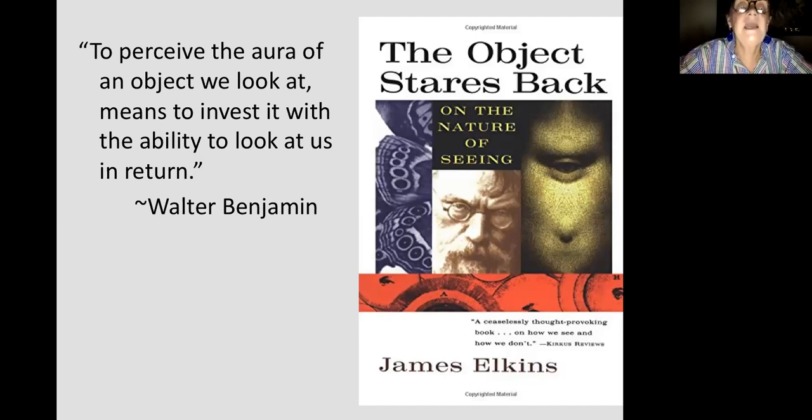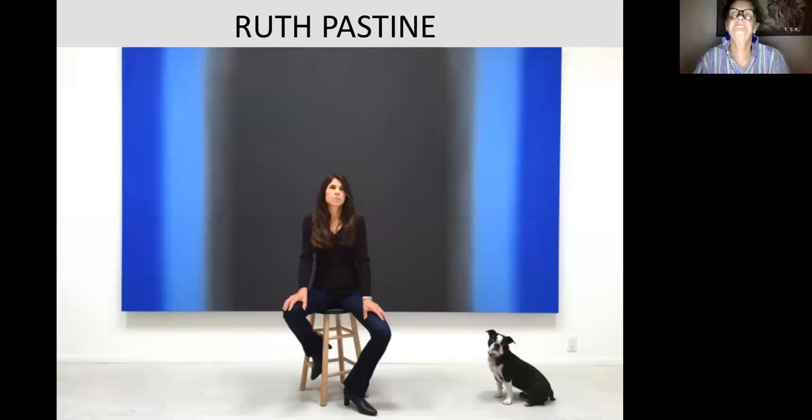He's engaging with Benjamin's concept of the aura, saying we really get into art when we acknowledge its ability to stare back at us. We give it agency. It's looking at us. It's a reciprocal engagement.